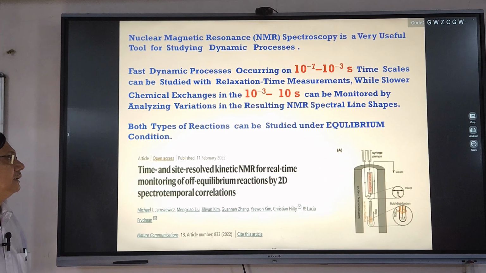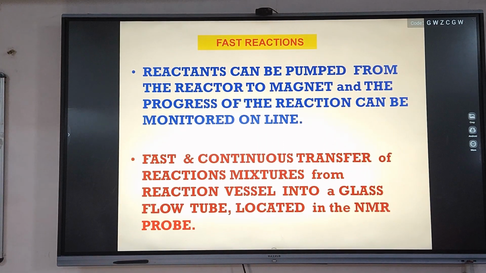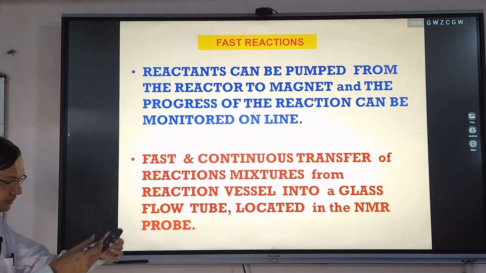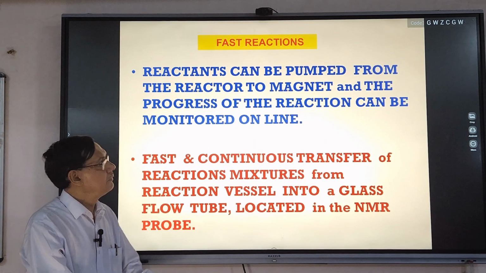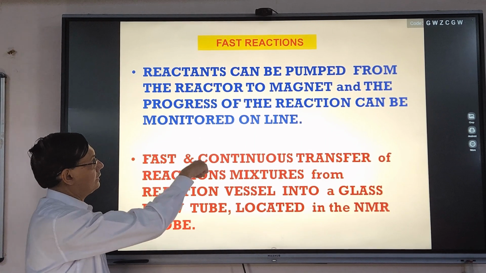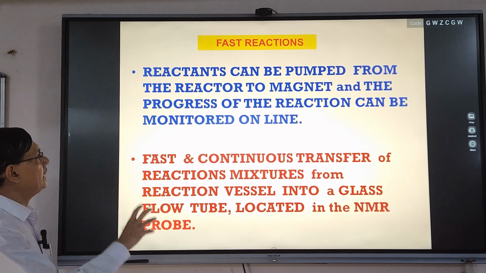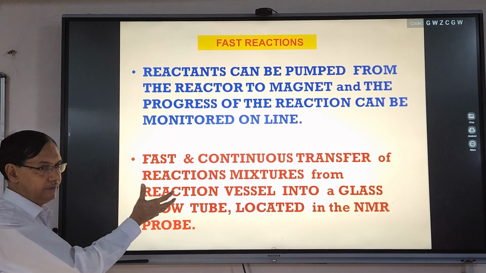Very recent articles on how real-time monitoring of some fast reactions is done. So, if the reaction is very fast, reactions can be pumped from the reactors, you can call it the reaction vessel, to the magnet, and the progress of the reaction can be monitored online.